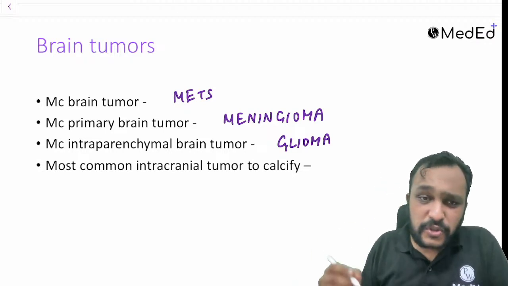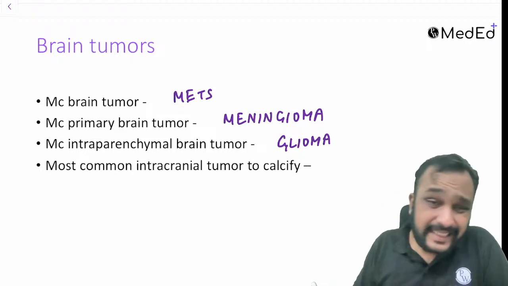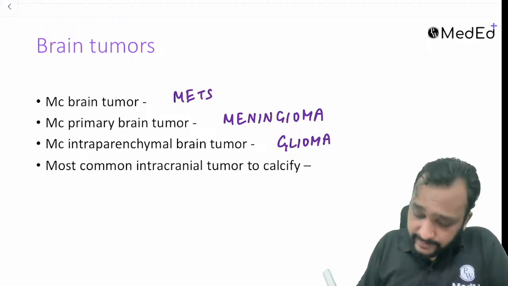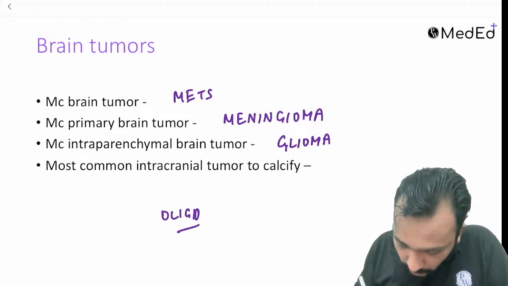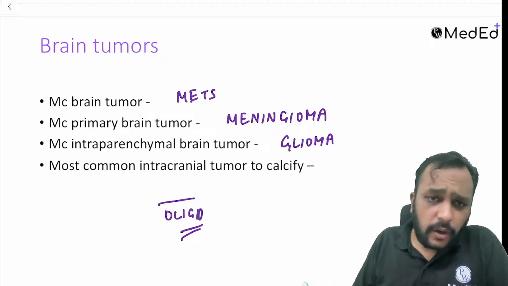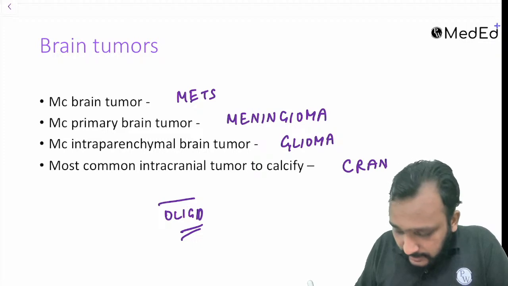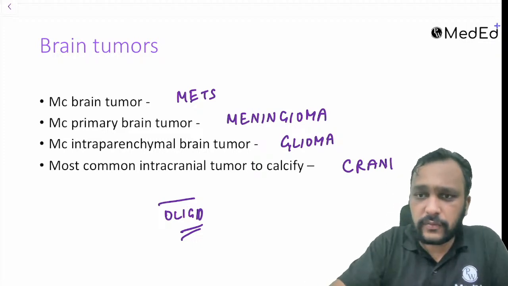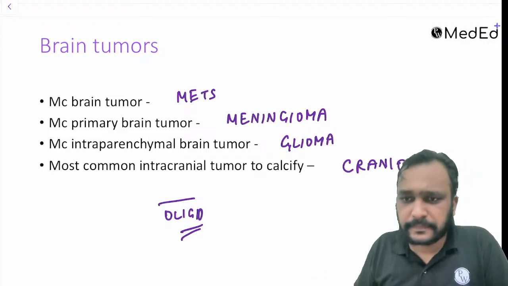And guys, most common intraparenchymal brain tumor to calcify is oligodendroglioma. If I talk about overall intracranial tumor to calcify, that will be a case of craniopharyngioma, right?